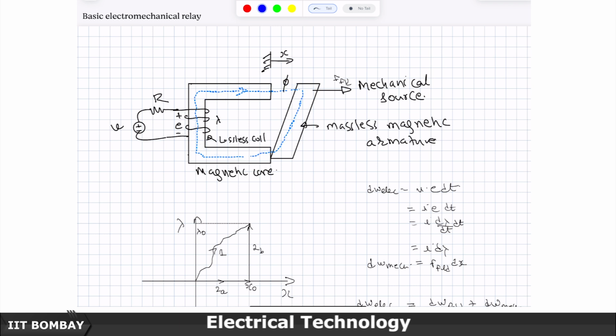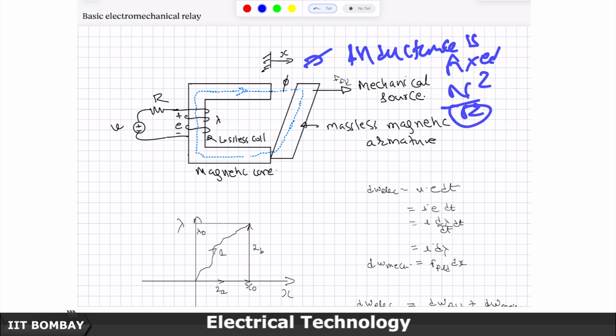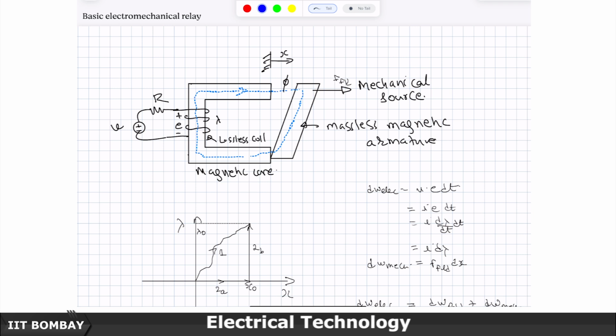Once the magnetic geometry is fixed, inductance gets fixed. We have already seen earlier that inductance is simply n square by R. If the magnetic geometry is fixed, L is not changing, the area of cross section and all those things are not changing, so inductance for a fixed geometry is a fixed quantity.